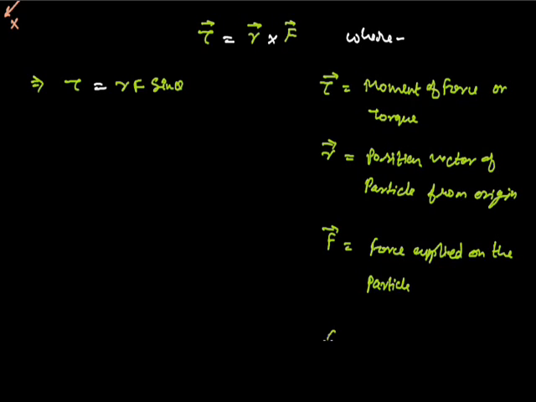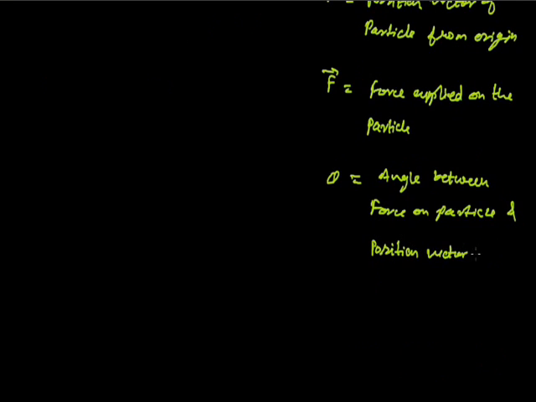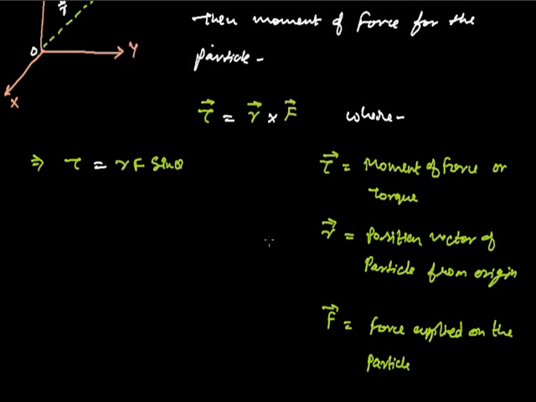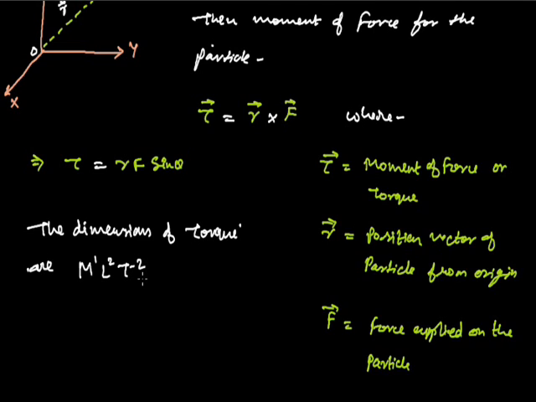So theta is the angle between the force on the particle and the position vector of the particle, where r is the magnitude of the position vector. The dimensions of torque are M1 L2 T minus 2. The SI unit of torque is newton meter.